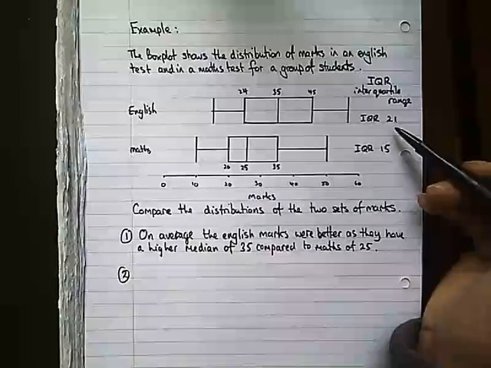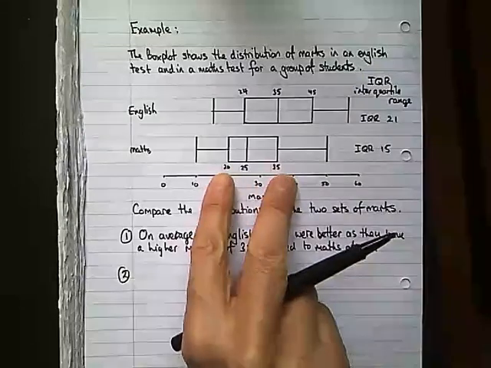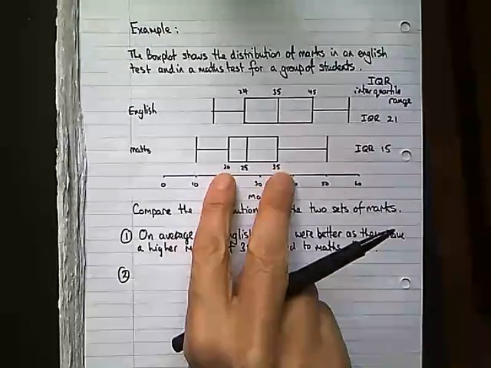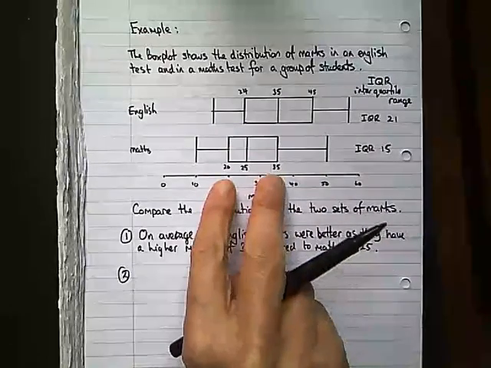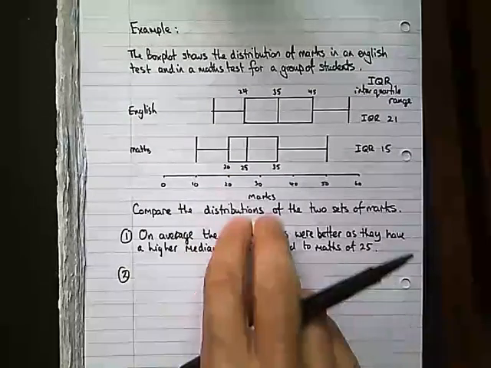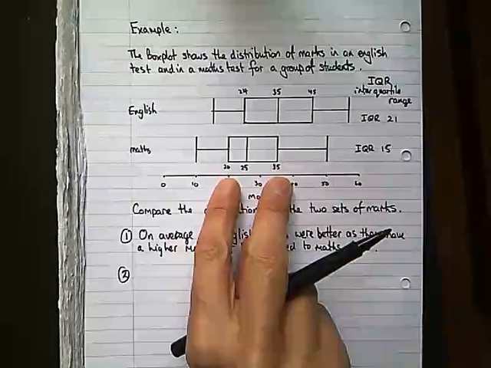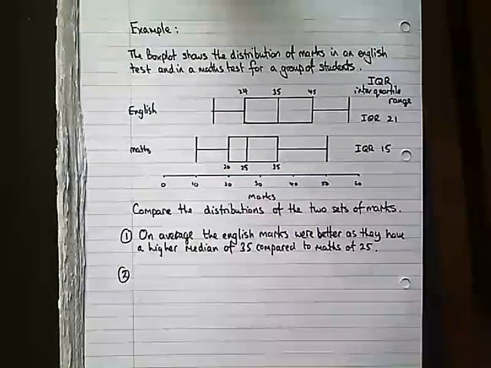What that represents is that the maths marks are not as spread out as English. So that makes these marks much more consistent. So this class is much more consistent when doing a maths test than when doing an English test. So that's what I would write down.